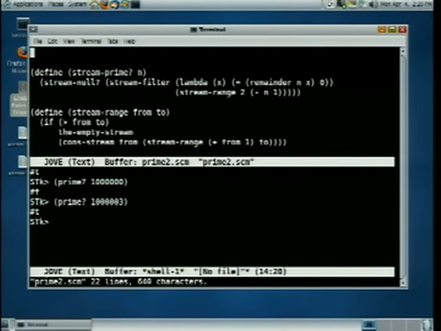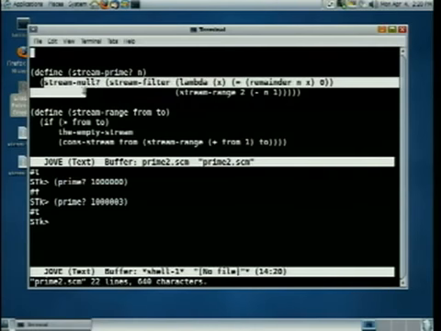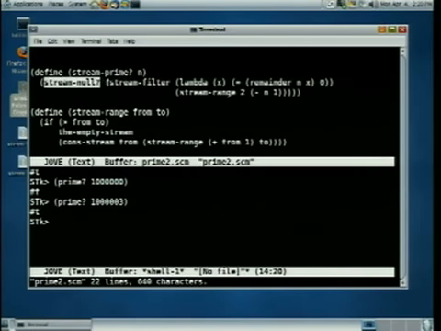Okay. So this version looks exactly like the first version I had, except that the word stream is thrown in here and there. So it says stream null of stream filter, same filtering predicate, stream range, same arguments.